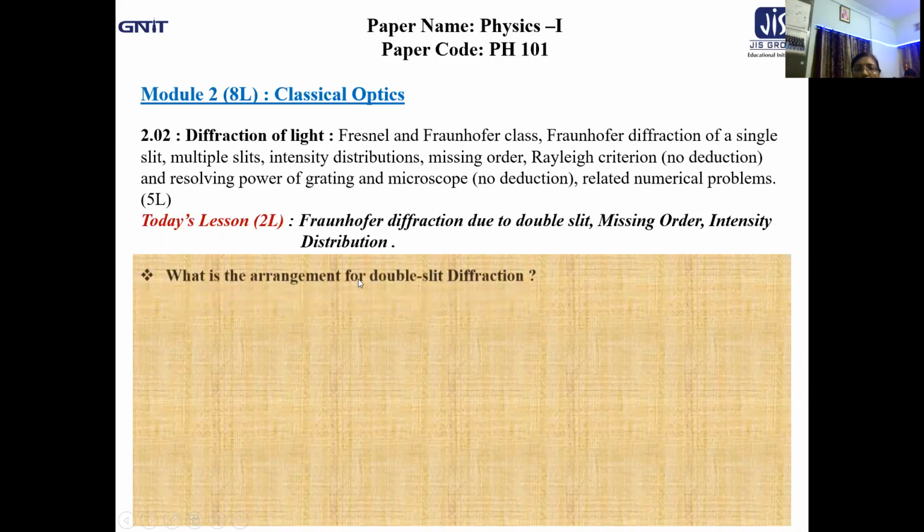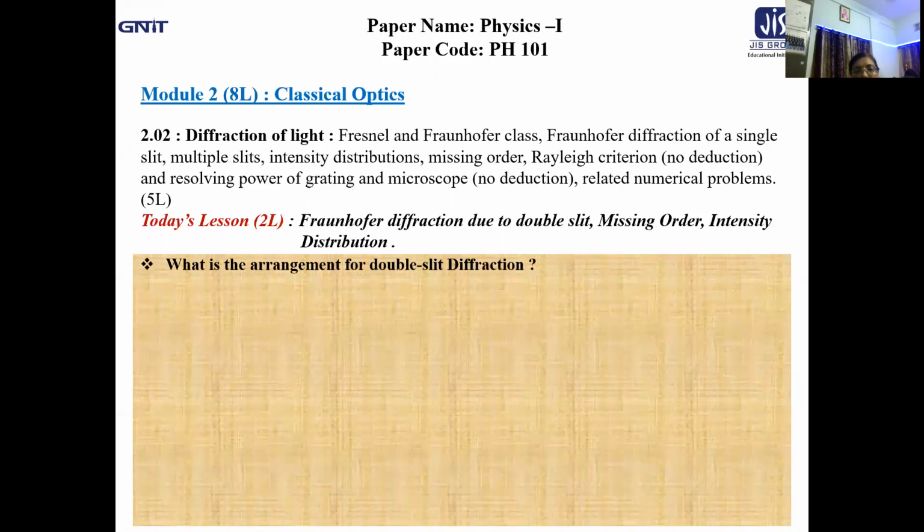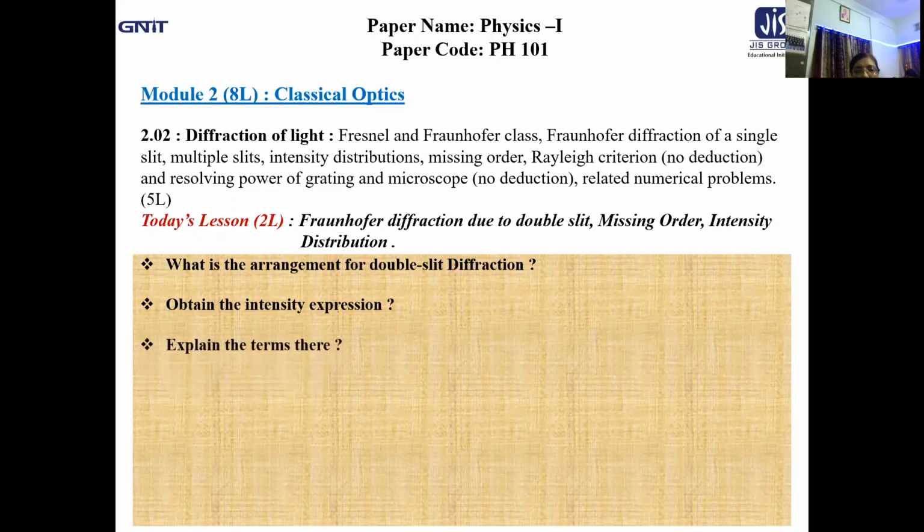The questions to be addressed in today's session are as follows. What is the arrangement for double slit diffraction, that means the difference with respect to single slit diffraction? Next, how to obtain the intensity expression and what about its value? Then we have to explain the terms in the intensity expression, very different compared to the single slit case.